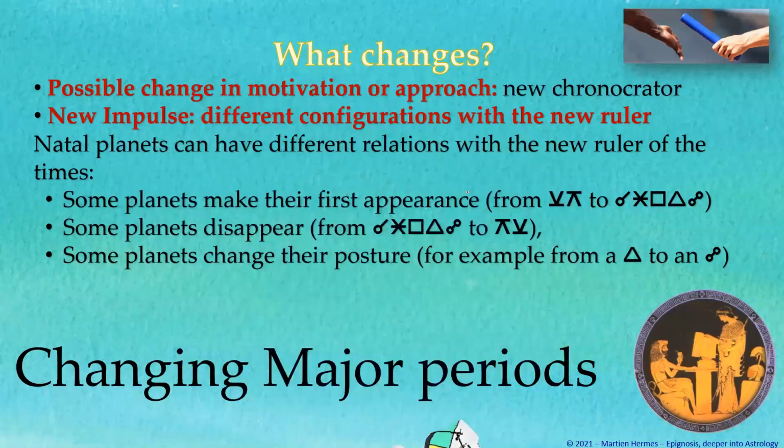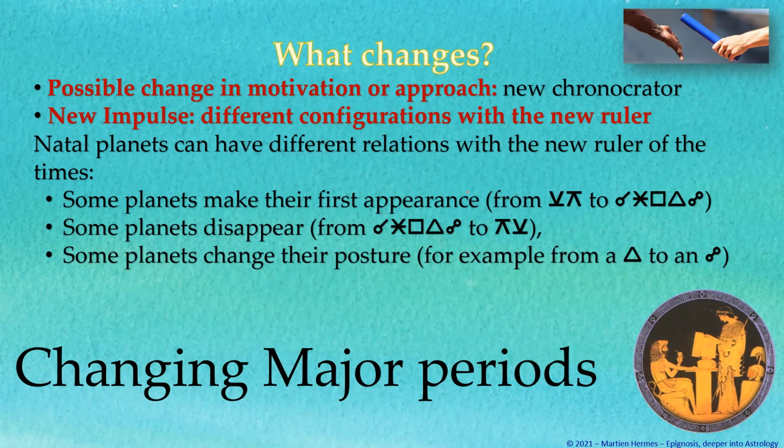So, okay. Now we come to the major periods again, the changes. I talked about these in the other videos, but now I will try to show how this can be seen in this method, in the changeover of the major periods of this first angular triad in Holly's life.